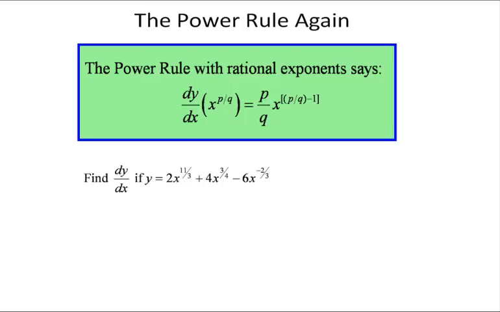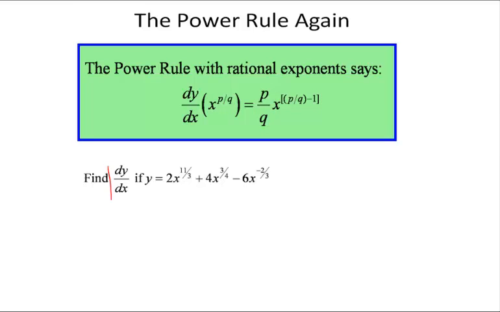Remember, originally, when we were given the power rule at the beginning of this lesson, we said that the power on x had to be an integer. Not true. It can be any real number, and the power rule still applies.